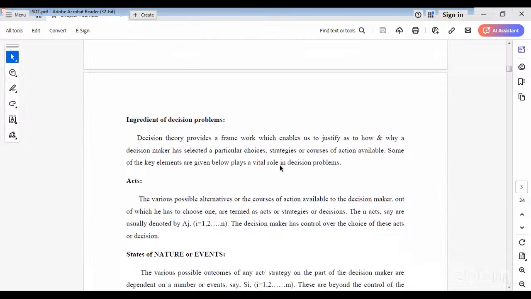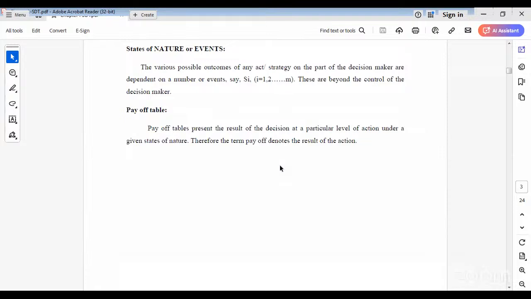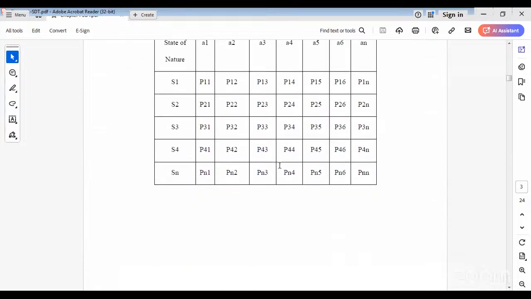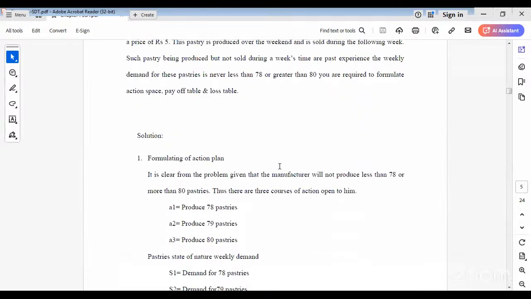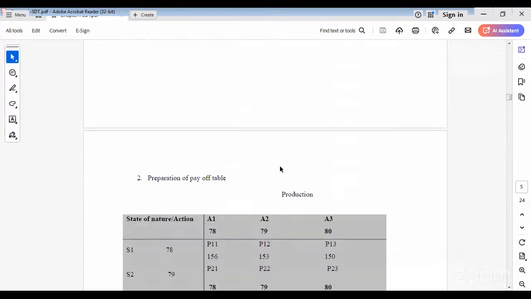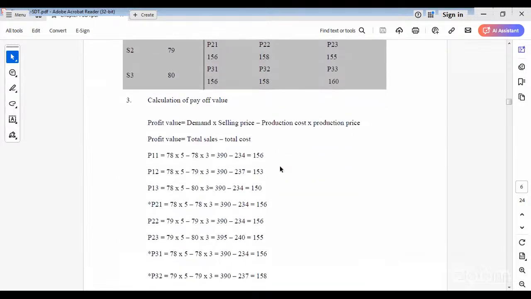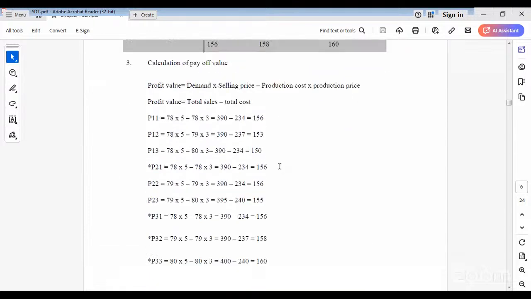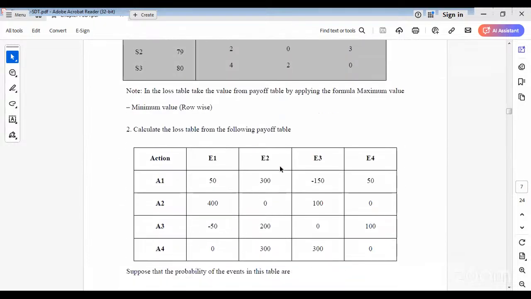Ingredients of decision problem: act, states of nature or events, payoff table. Then problems here. Preparation of payoff table. Then last table.